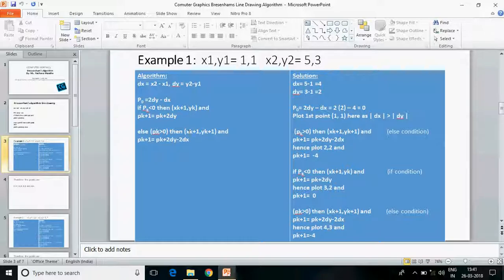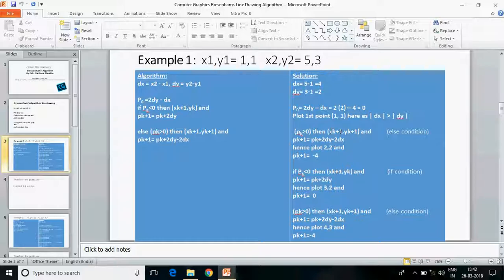In this case, x is k plus 1 and y also k plus 1. So here I have written which condition we are taking, whether this condition is true or this condition is true. Therefore, as I told you, depending on the P0, we take a decision and we went to the else part. Pk greater than 0, then xk plus 1, yk plus 1, and the next decision parameter is calculated as pk plus 1 equal to the old pk value plus 2 delta y minus 2 delta x, or 2 dy minus dx.